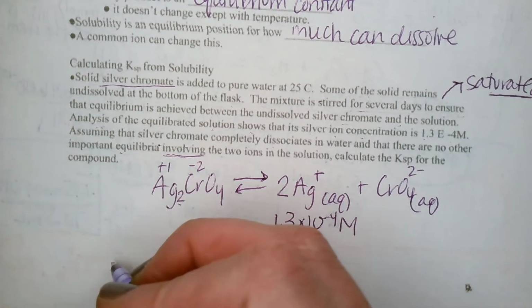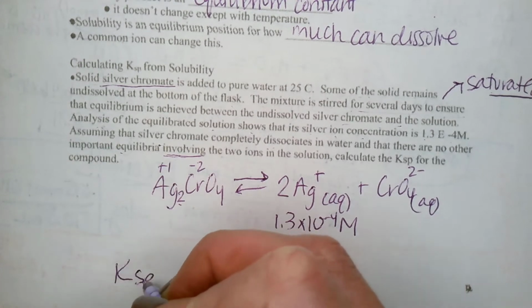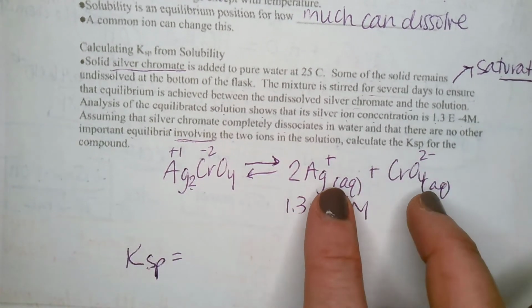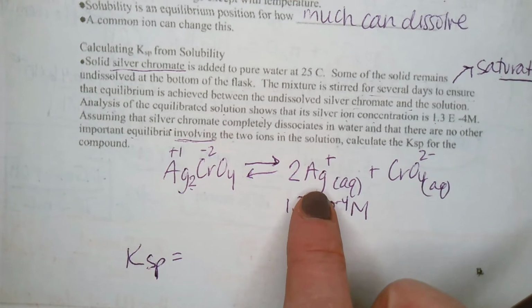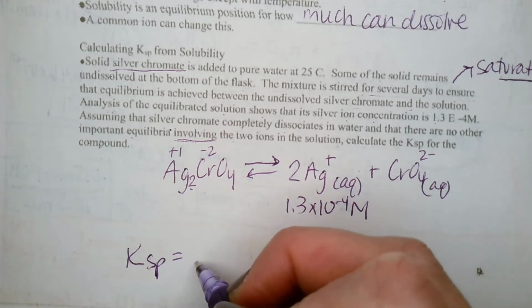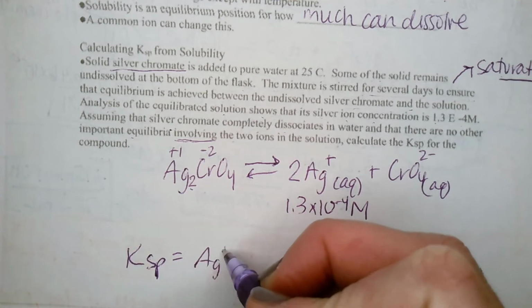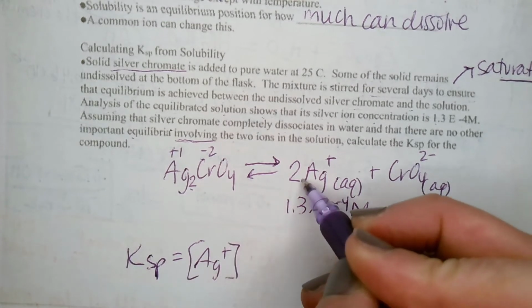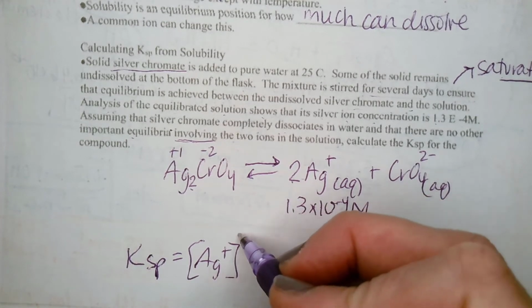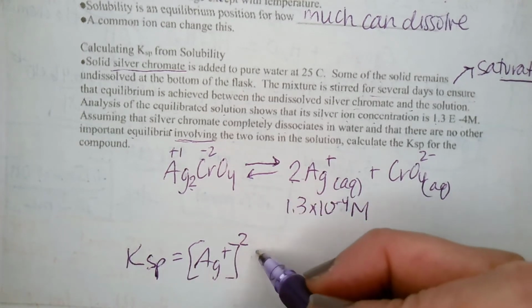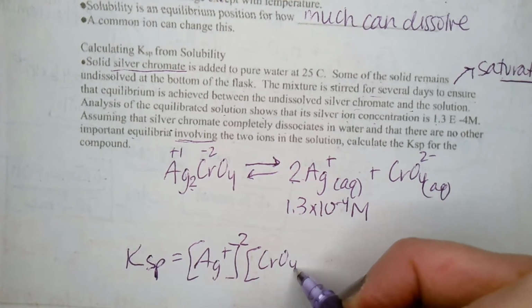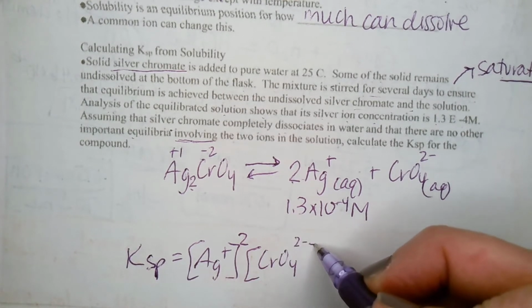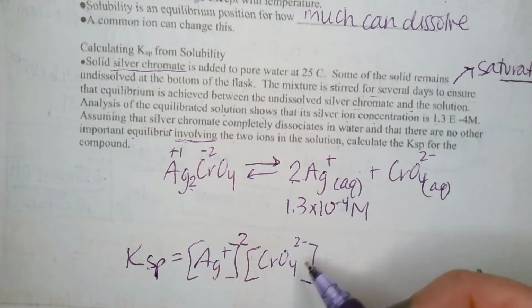Now, we know that Ksp is equal to our products over reactants, so we're going to take our Ag plus, and since there is a 2 in front of it, we're going to square that, times our CrO4 2 minus, and there's only 1 there.